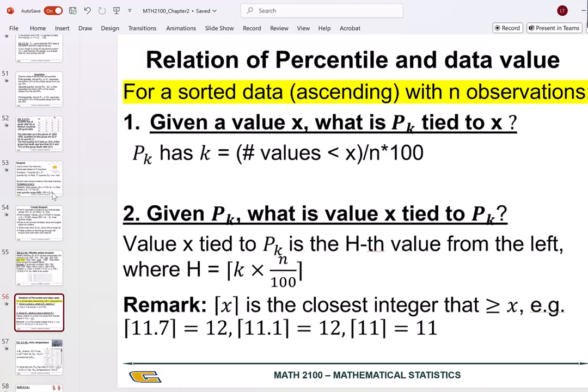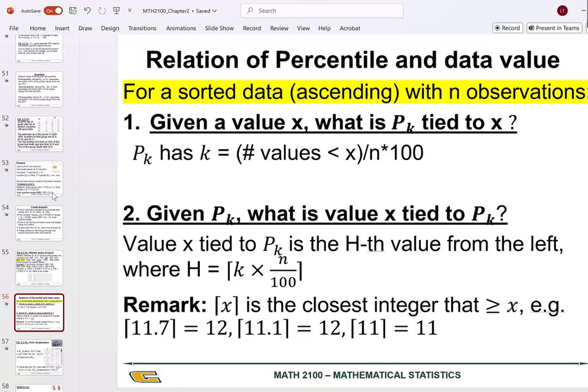Given P50, what is the x tied to P50? In order to get this x, you need to find the h value, where h is calculated by k times n divided by 100.